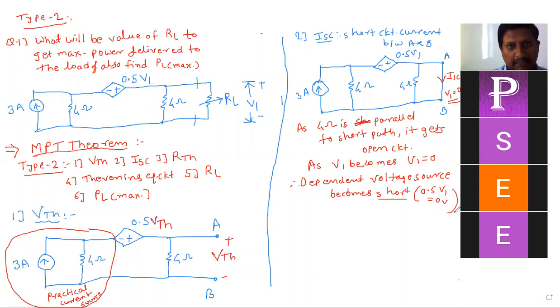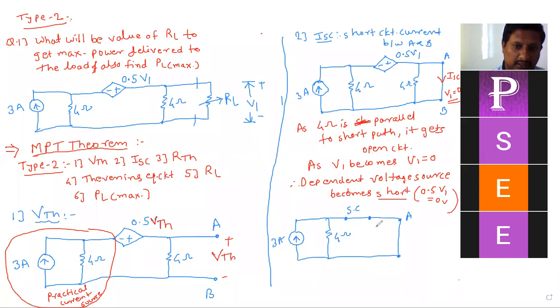This much modification we have to do. More modifications also happen. So this is the 3 ampere. This is the 4 ohm. This is your short. Okay, after that the 4 ohm is open, and this is your final A and B terminal. This is the short circuit, and here open, and this is A and B, and the current across it is what? ISC.